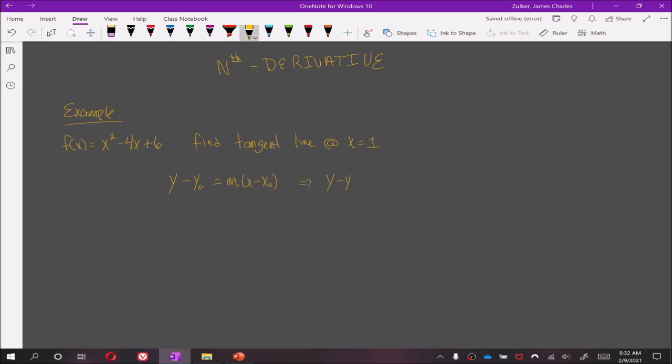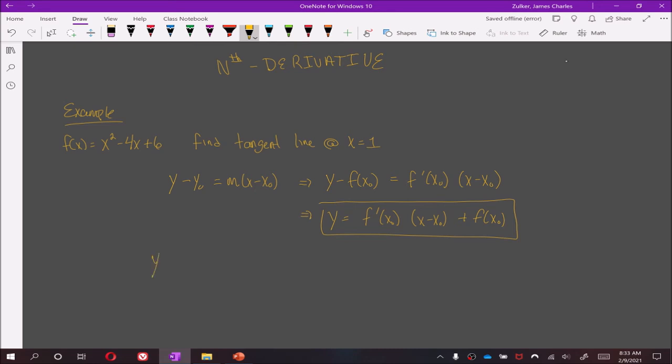So we can write this as y minus f of x naught is equal to f prime of x naught times x minus x naught. And if we solve for y, y equals f prime of x naught times x minus x naught plus f of x naught. This is the equation of a tangent line of a function at a point x naught. And this is the general equation. So from now on, we can just plug everything right into here. And that's what we're going to do here, right?